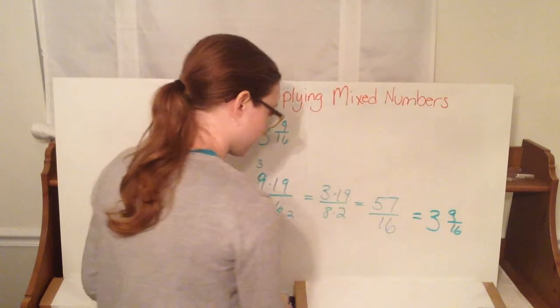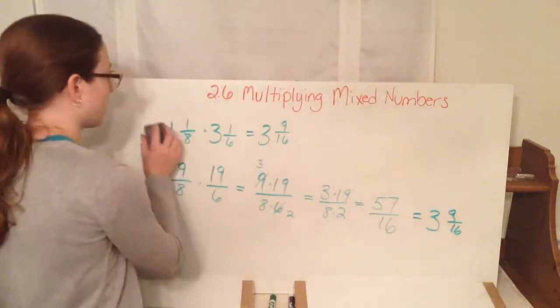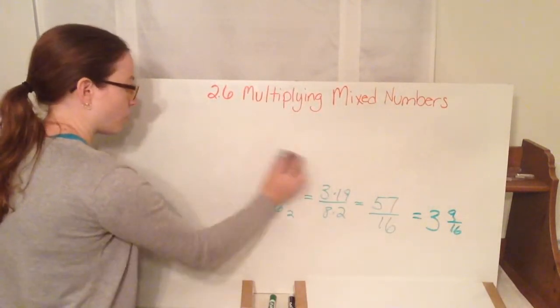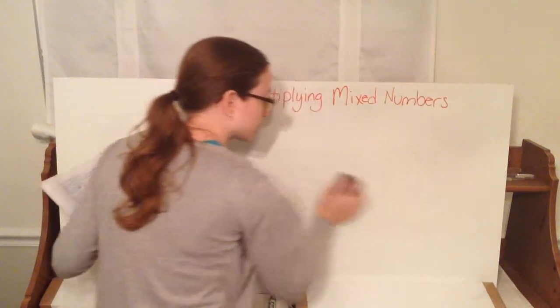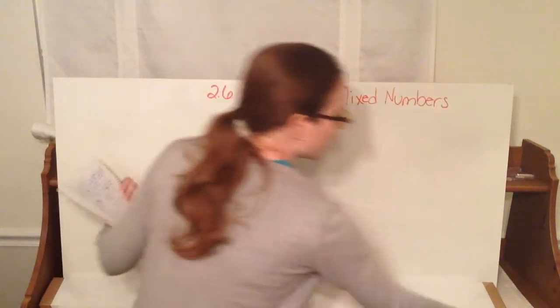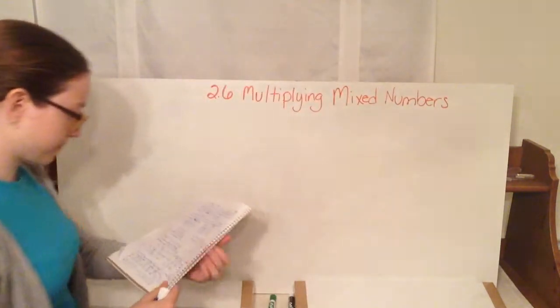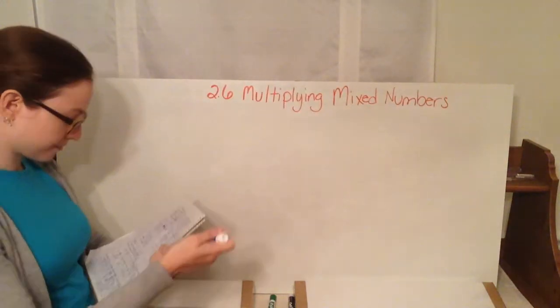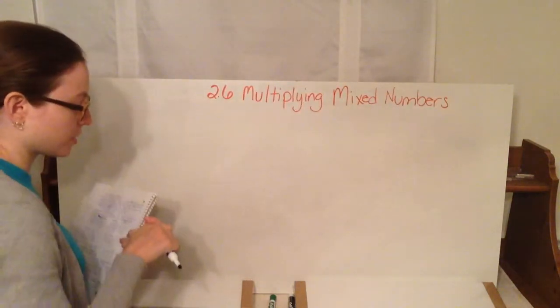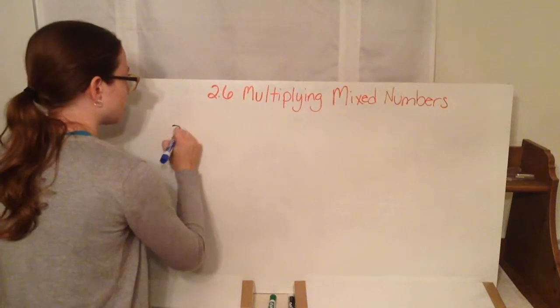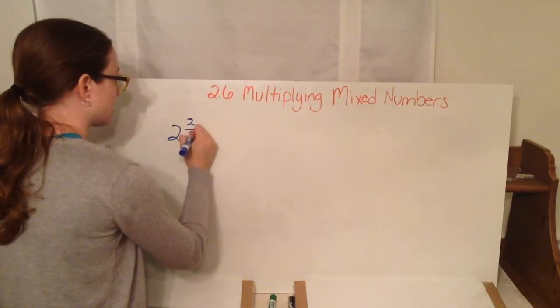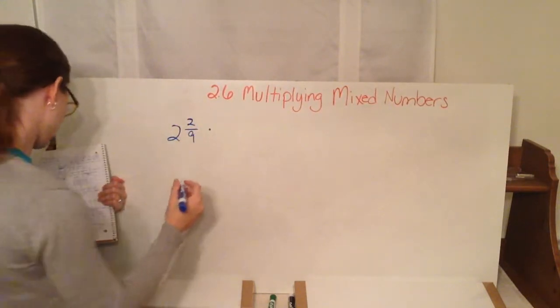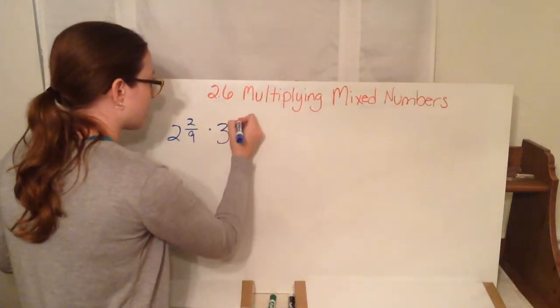Okay? One more example, then I'll give you a problem to work on your own, and then I'll give you the answer to that problem. So for this one, I'll do 2 2/9 times 3 1/4.